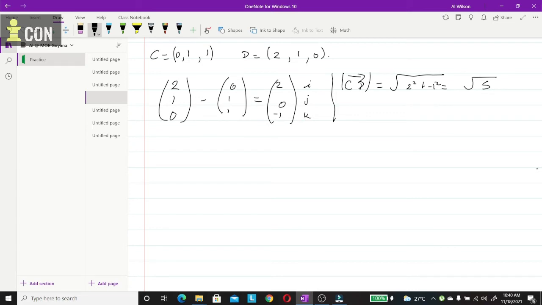We're going to have the cosine of the angle I equal to what we have for I. I is 2. So we have 2 over root 5. Now, of course, we need to rationalize this. So we have times root 5 over root 5, giving us 2 root 5 over 5.